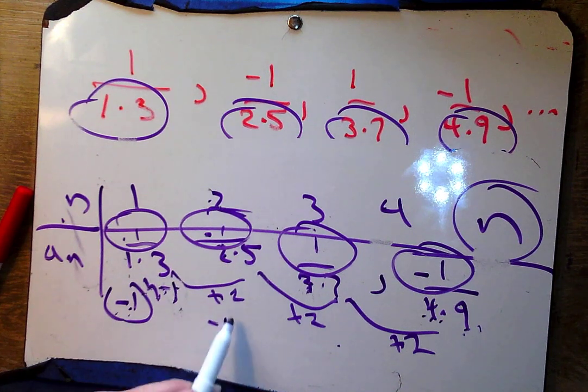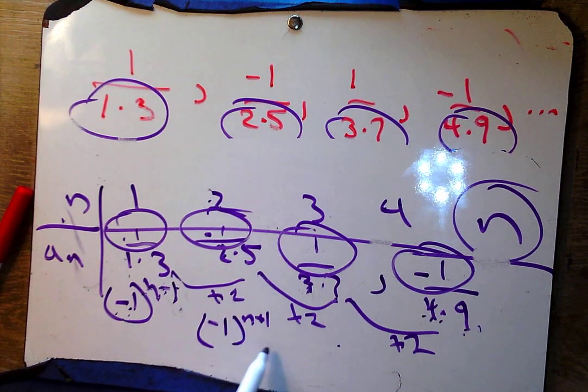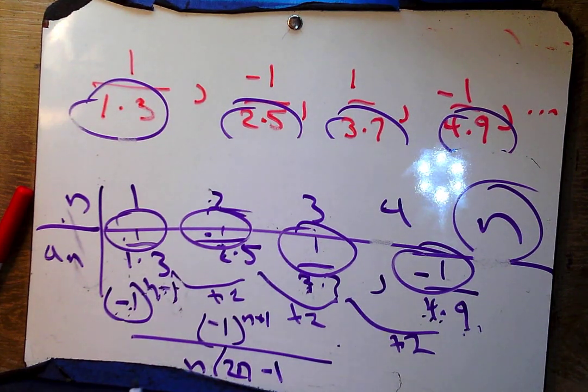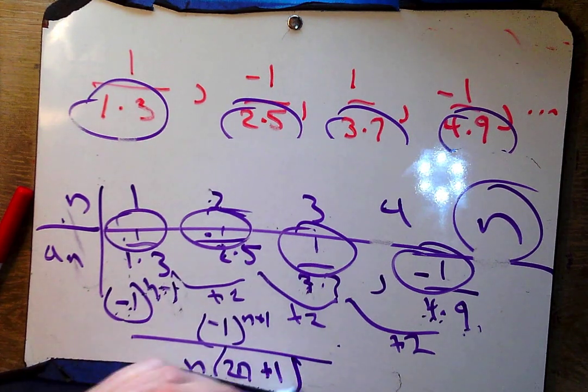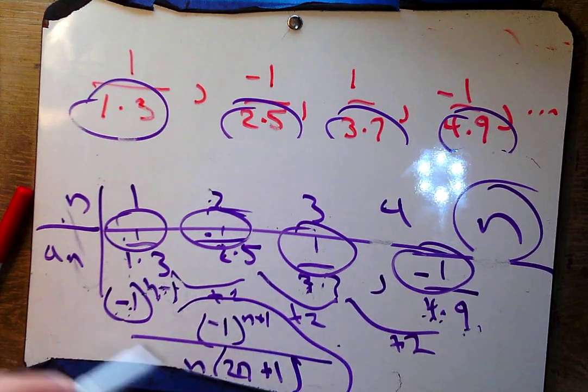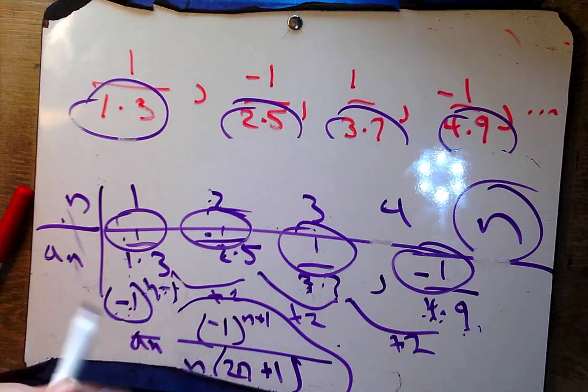Negative 1 raised to the n plus 1 on top. And on the bottom, we have n, and we have a 2n plus 1. Yeah. And there's our rule.